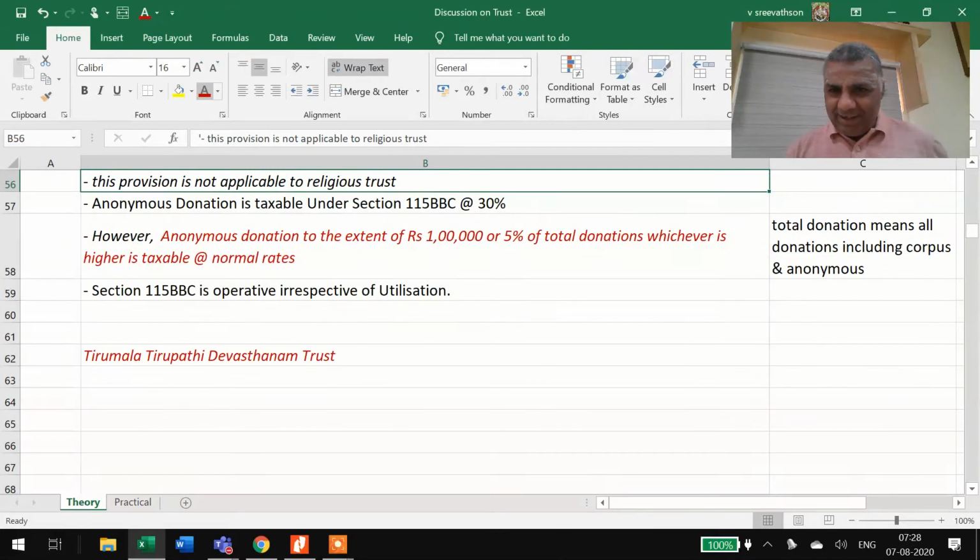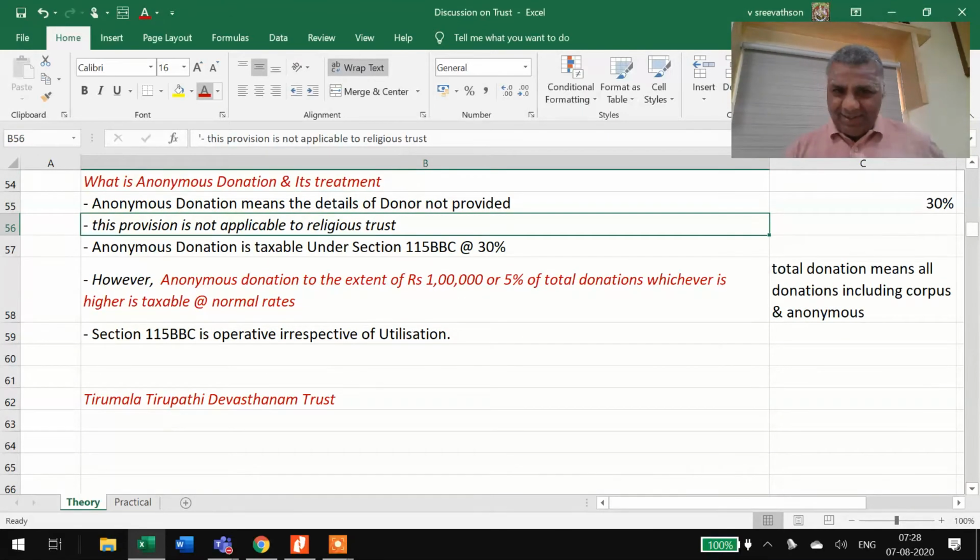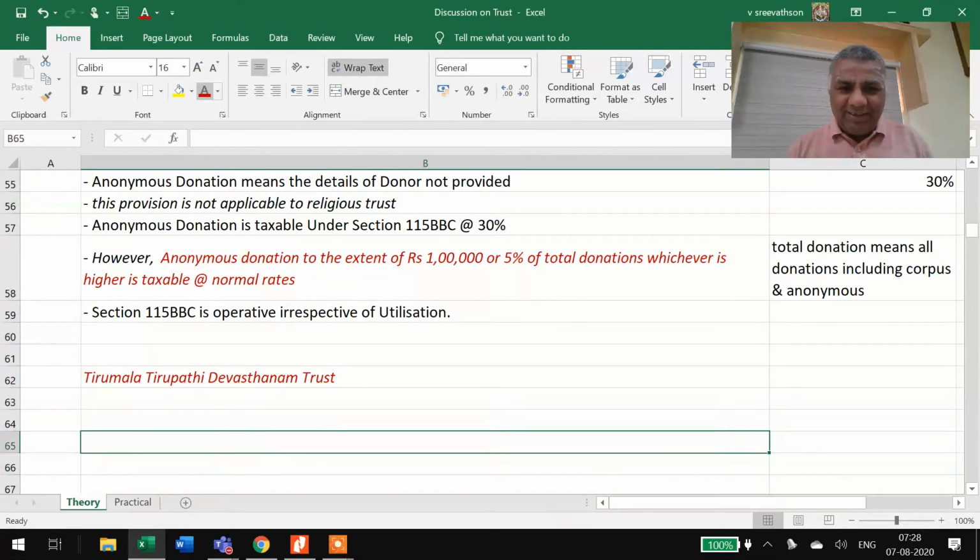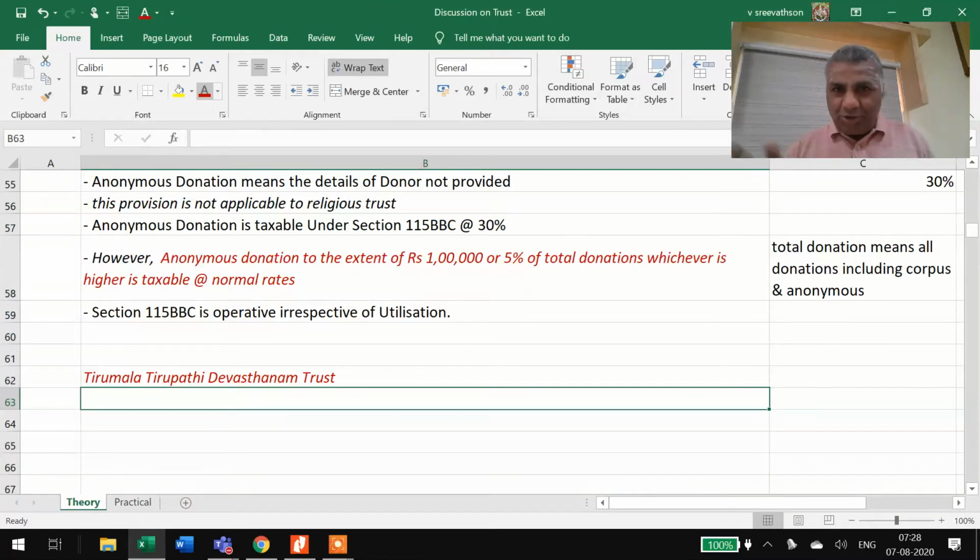Here also it is the same. We were unable to ask Tirumala Tirupati Devasthanam, so what, pay 30%. Anyhow, it is coming to government. Here also it is the same. Okay? The court took a favorable judgment for the Devasthanam, saying that no, it need not have a receipt of corpus trust.